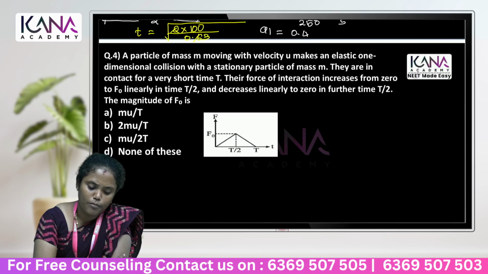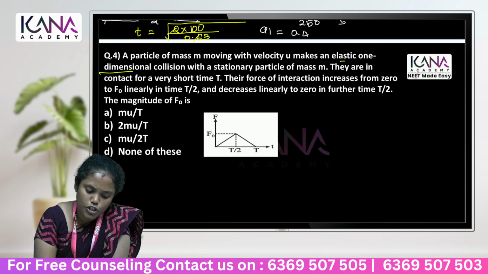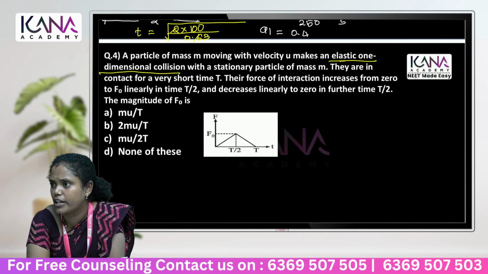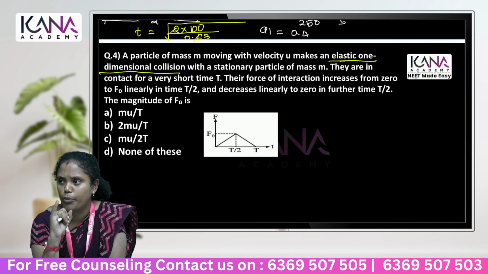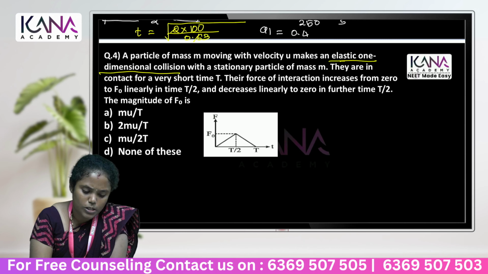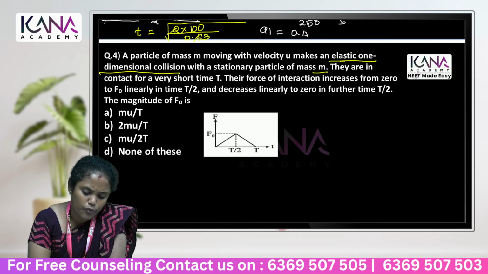A particle of mass m with velocity u makes an elastic one-dimensional collision. Elastic one-dimensional collision நமக்கு என்னெல்லாம் கன்சர்வ் ஆயிருக்கணும்? இந்த quantity momentum and kinetic energy should be conserved with a stationary particle of mass m. They are in contact for a very short time.